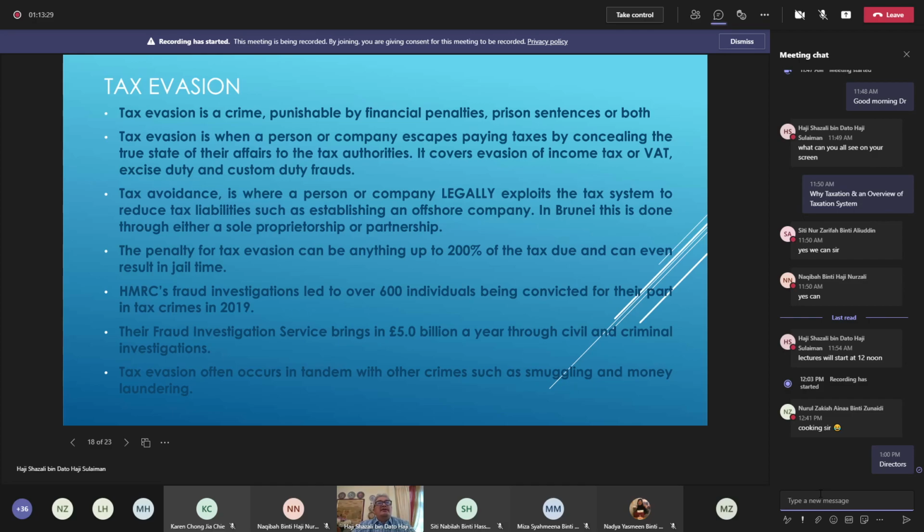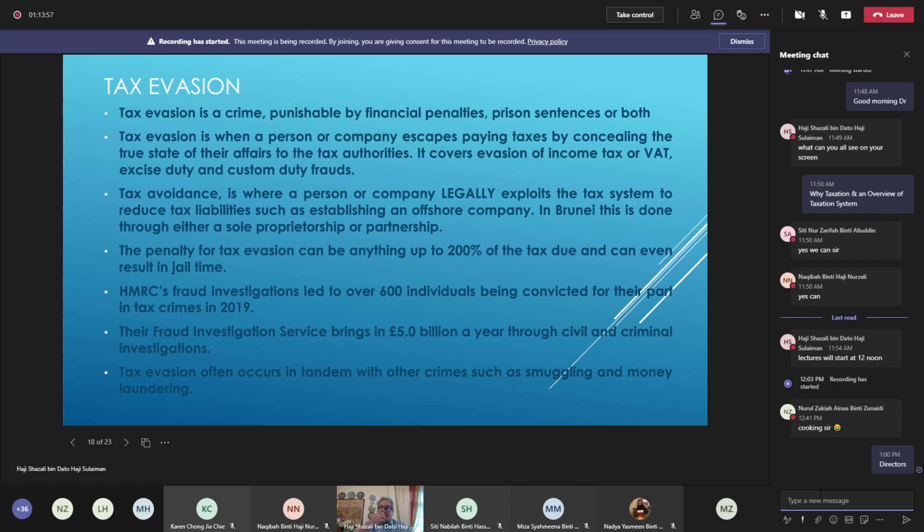So tax evasion is when a person or company escapes paying tax by concealing the true state of affairs from the tax authorities. It covers evasion of income tax, VAT, excise duty, and customs duty fraud. A lot of companies are setting up offshore companies to evade tax.